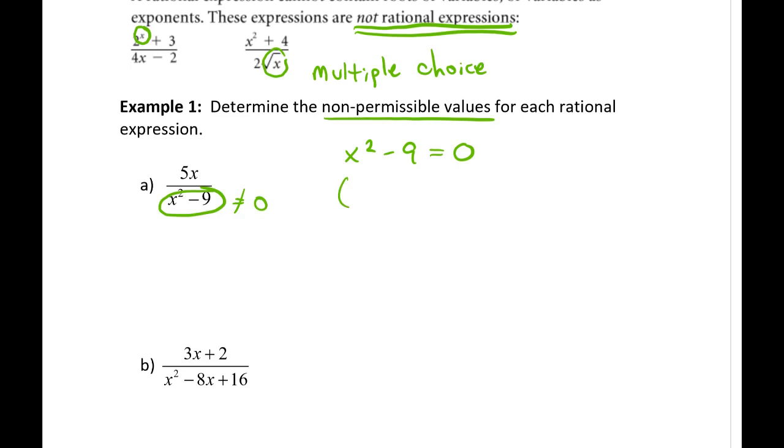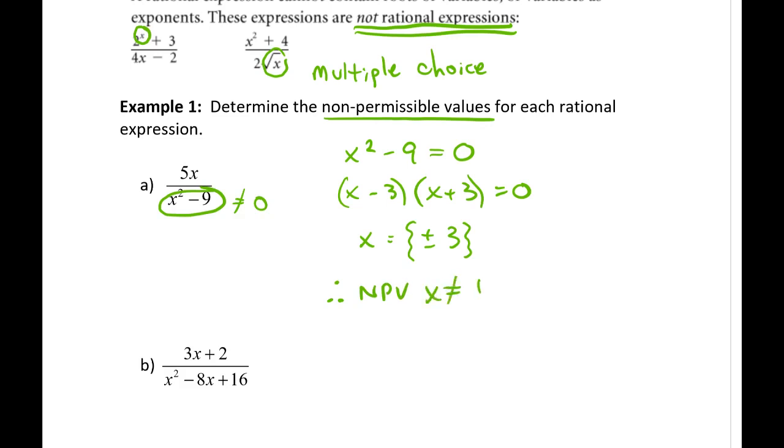Alright, and generally speaking, we're probably going to factor. In this case, we could go x minus 3, x plus 3. Alright, and so then what values are going to make this 0? Well, plus and minus 3. So those are the NPVs, because really that's what x cannot be. Okay, so therefore the NPV x cannot be plus or minus 3.